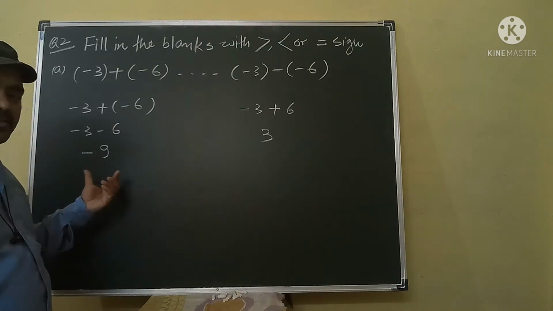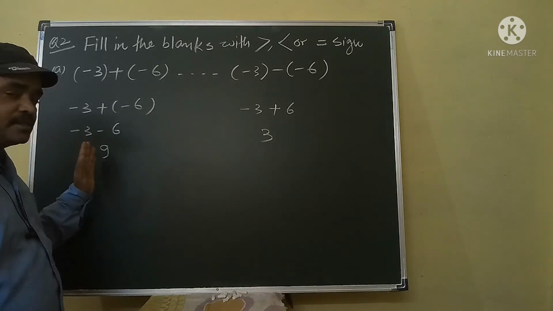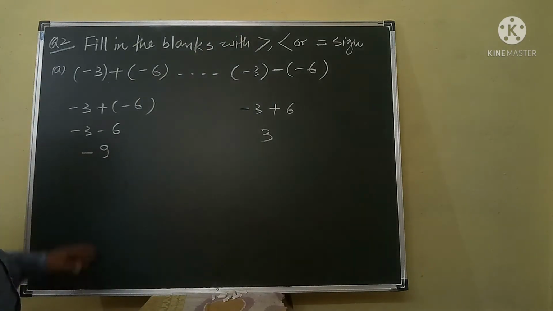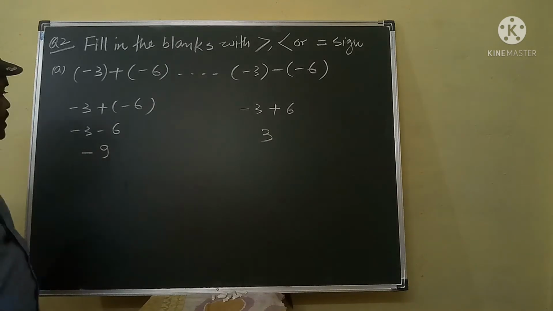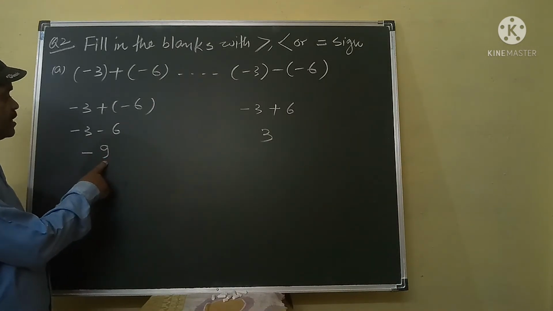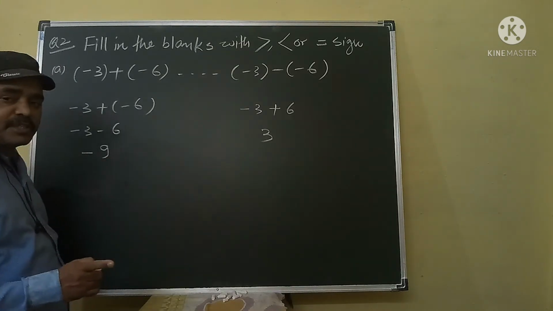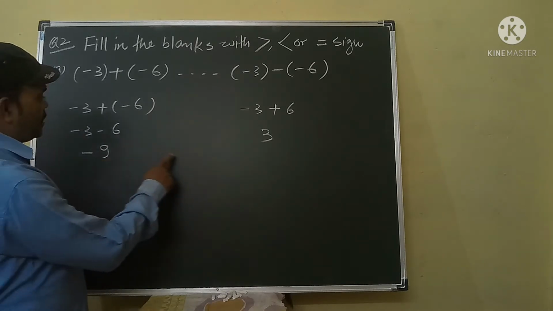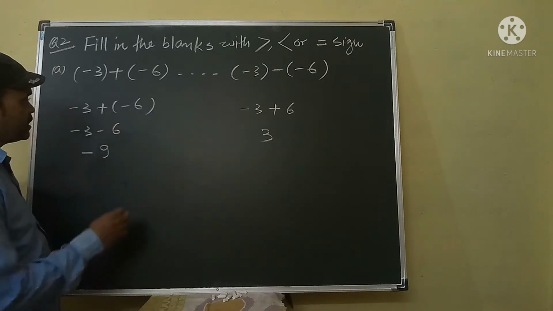And we will compare the first answer to the second answer. You know very well this is a negative integer, and a negative integer is always less than a positive integer.